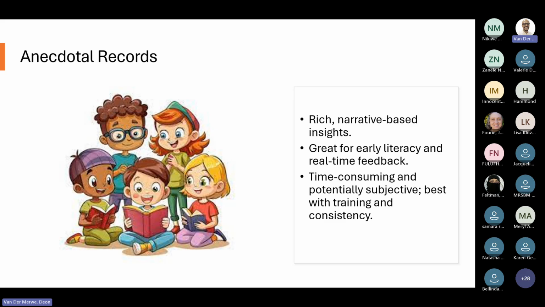And why this matters is because it just captures the nuances that perhaps the assessment tools or the scoring of the child's reading ability would miss, like a learner's engagement and problem-solving strategies or emotional responses to a specific text.